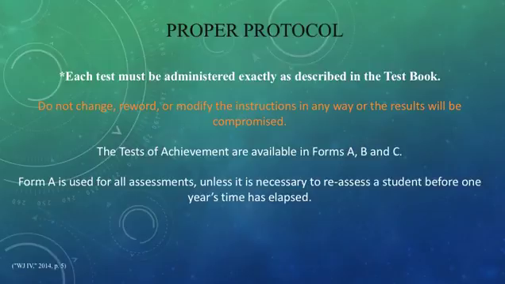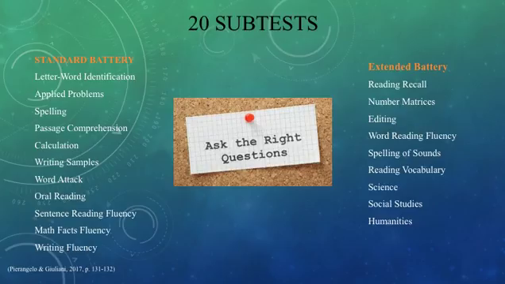The last time I was here, someone asked why the Woodcock has 3 testing forms available. The answer is simply Form A is used for all assessments, unless it is necessary to reassess a student before 1 year's time has elapsed.